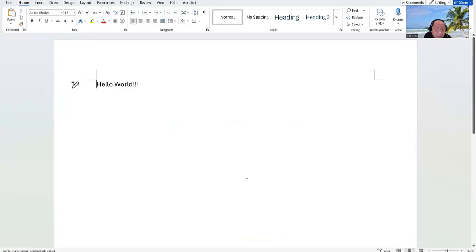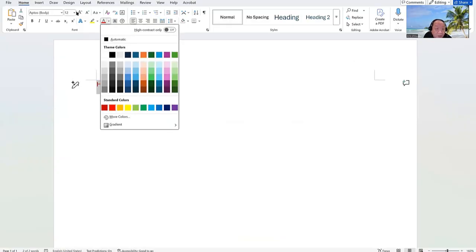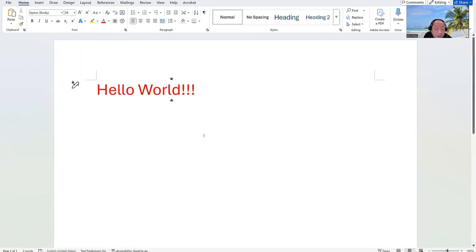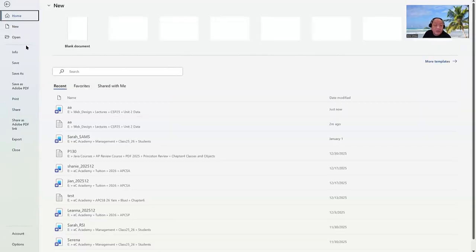It's not compression, because in Word I may change the color, or make the text bigger or smaller. But in Notepad++, it's a text file. You cannot do that. So Word not only stores the hello world, it also stores what font you are using, what color you are using.